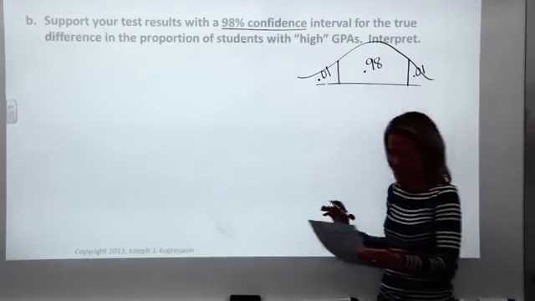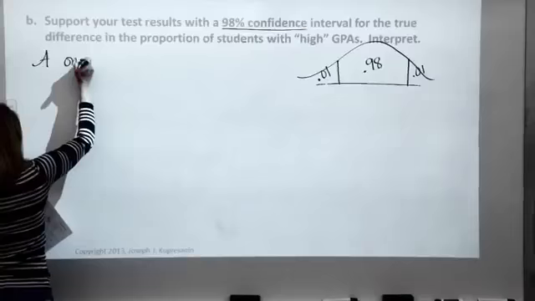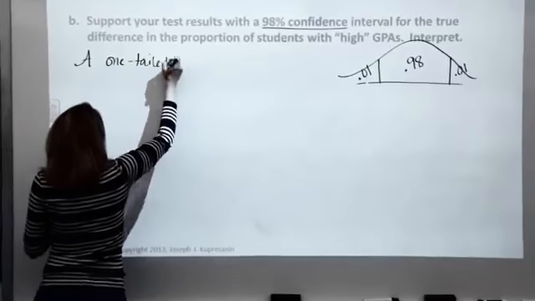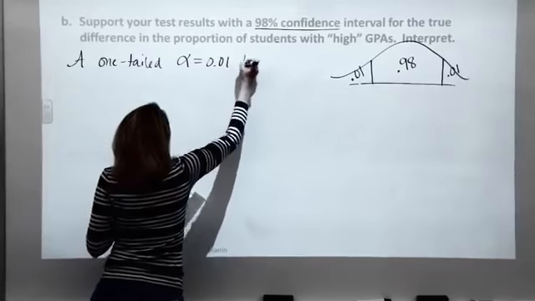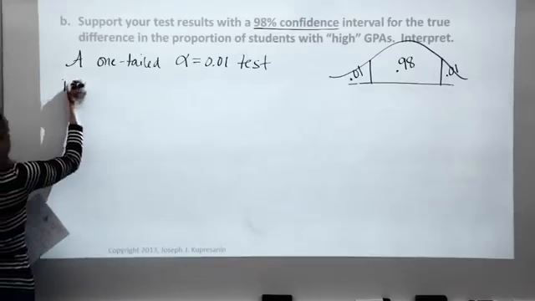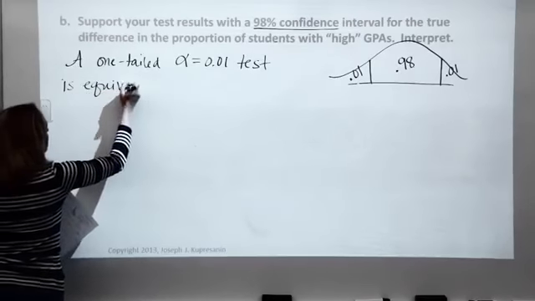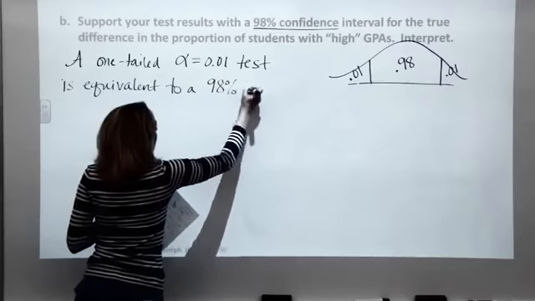So we might write a comment about that. A one-tailed test is going to be equivalent to a 98% confidence interval.